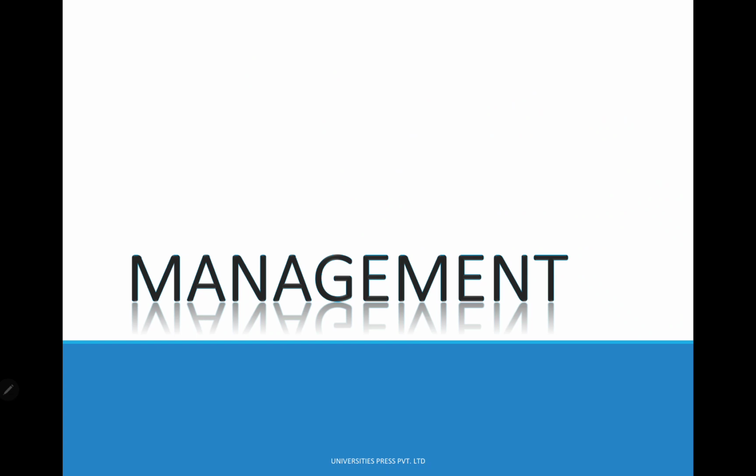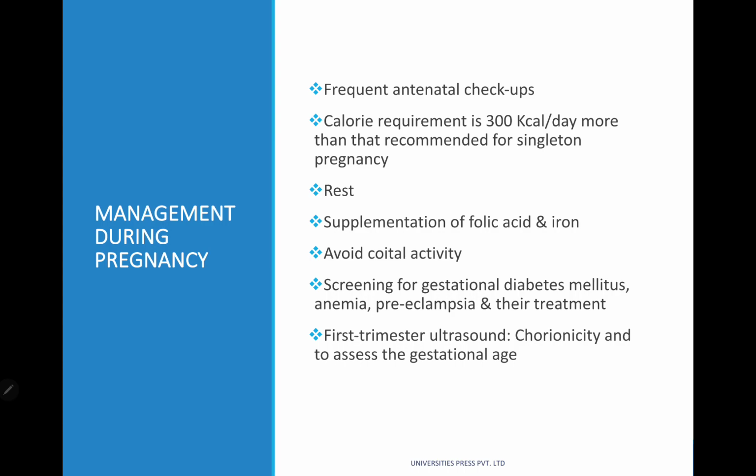Now let's move on to the management of multiple pregnancy. So how are you going to manage a case of multiple pregnancy? Management during pregnancy involves frequent antenatal checkups and calorie intake. This is a very important viva question.